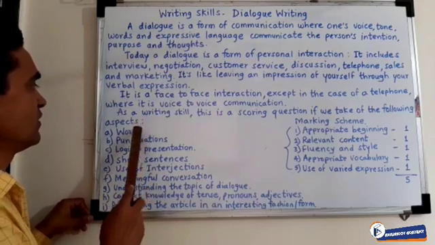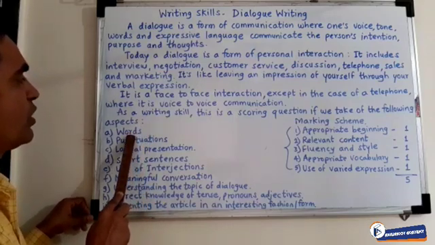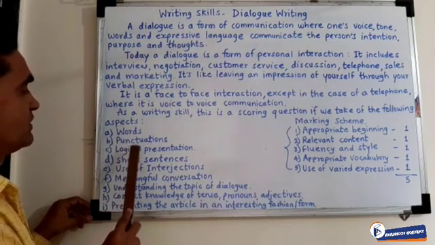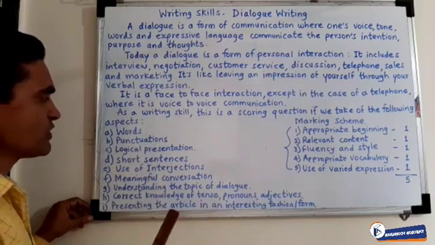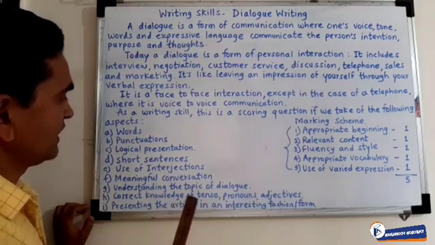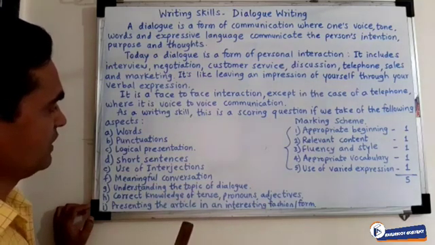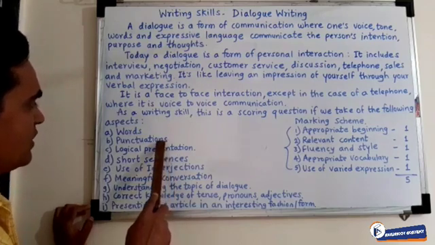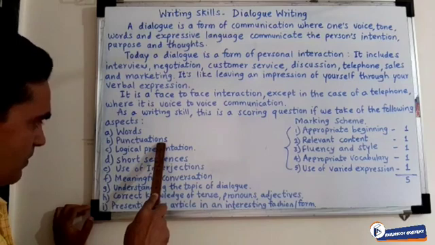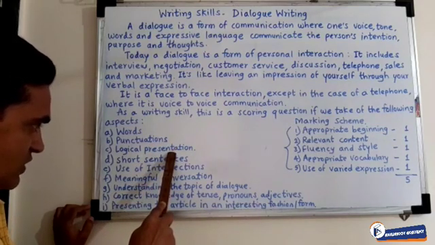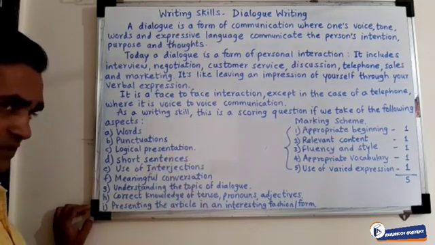First, words are very important while you are writing the dialogue. You have to use proper words for making dialogues. Then punctuation: there are a number of punctuation marks, full stop, comma, semicolon, exclamation mark, question mark, apostrophe, inverted commas. You have to use these punctuations at the proper place. Logical presentation: you have to use logical presentation while making your dialogue with the other person.